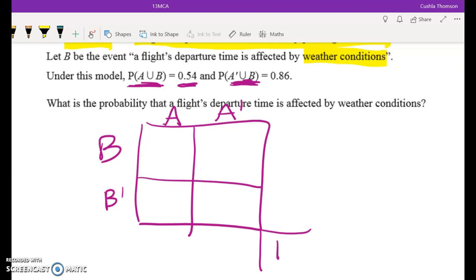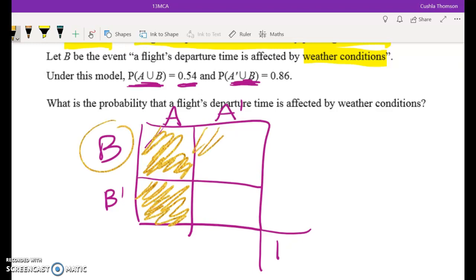The first number, 0.54, can be given by looking at what we can shade. So A or B is this cell, that's A and B, and this one, because A happens in both of those, and it's also this one here. Right, so they add up to 0.54. So let's just go over that a bit more slowly.